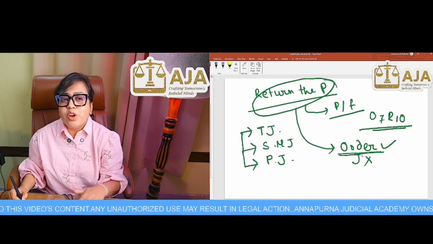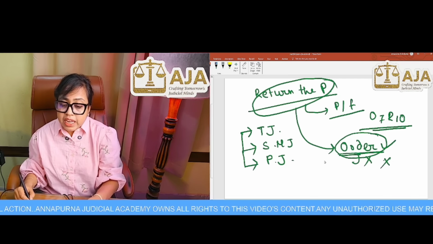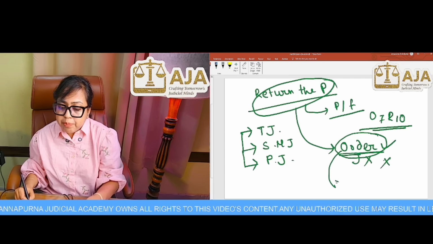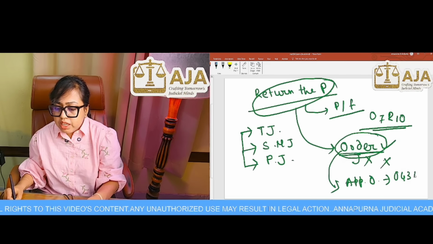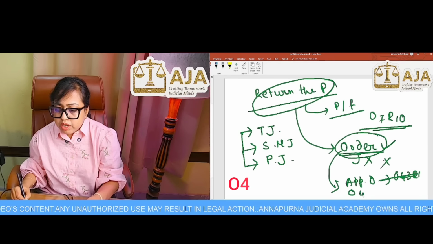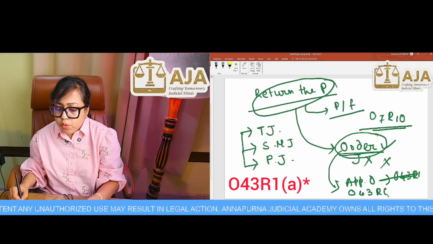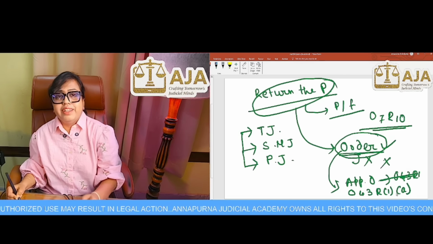That is why this is an order and not a judgment. And this order is an appealable order under Order 43, Rule 1, Sub-Rule A. So, the court decides to return the plaint to the plaintiff.